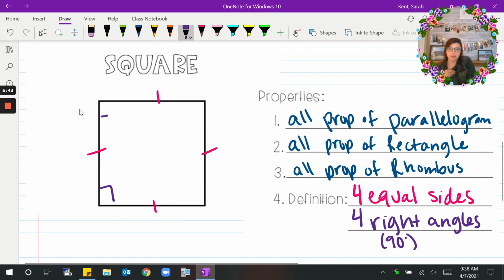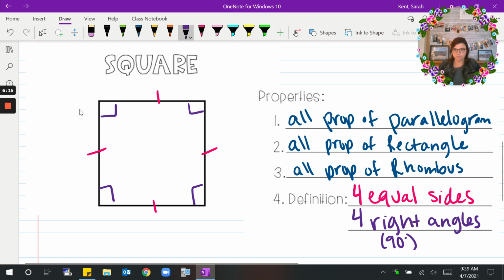So 90, 90, 90, 90. If we just had the right angles, it would be a rectangle. If we just had the 4 equal sides, it's a rhombus. So together, the 4 sides and the 4 right angles make it a square. So it's got to have all of those things together. Nothing about it is special to just the square, but it's a combination of everybody.